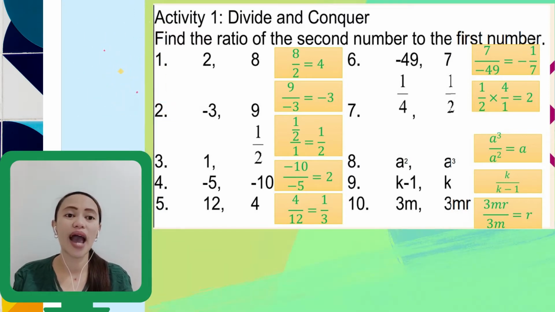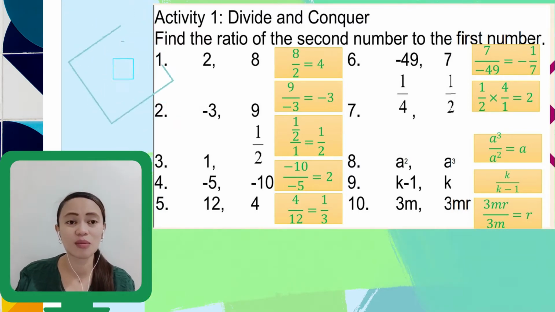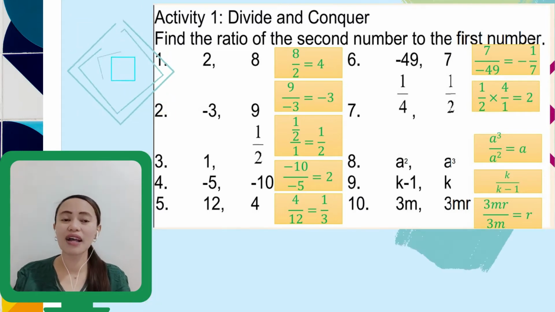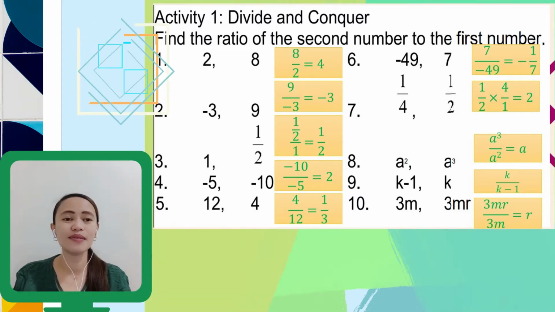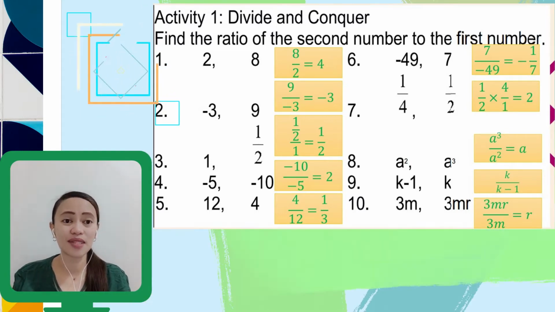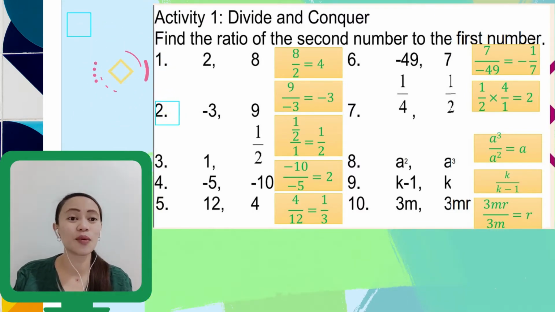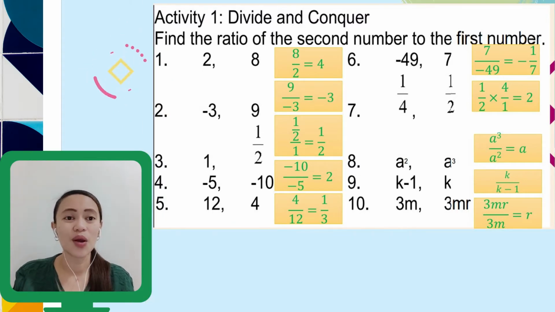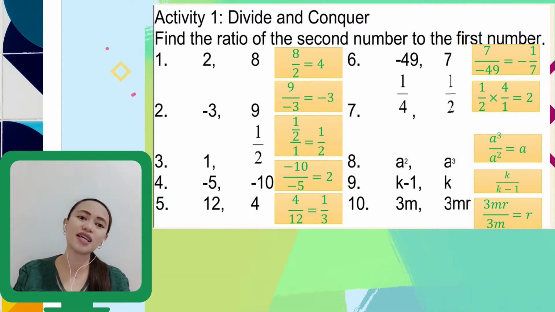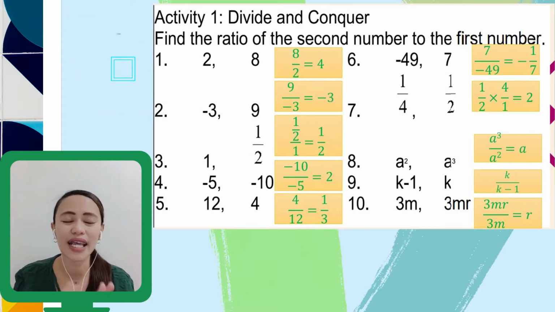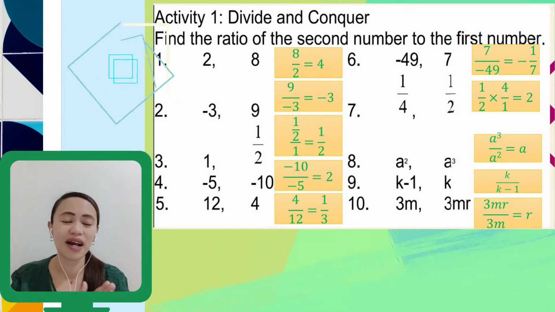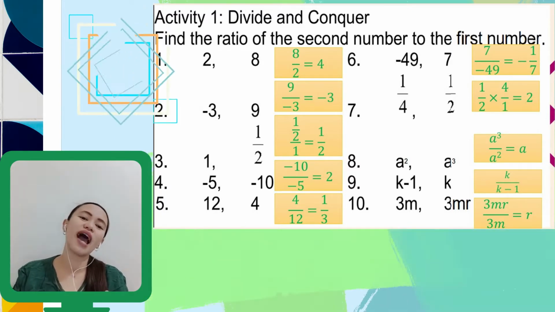So we're going to use the laws of exponent, wherein if we are dividing terms, we're going to subtract the exponents. So 3 minus 2 will be 1. The answer that we have is a.